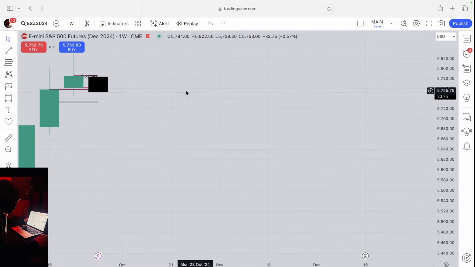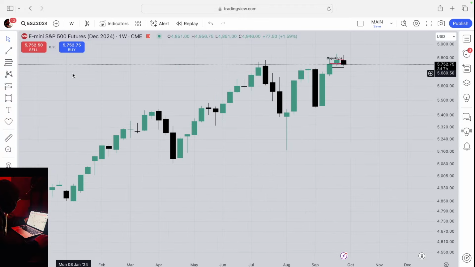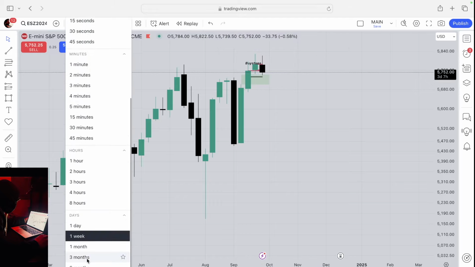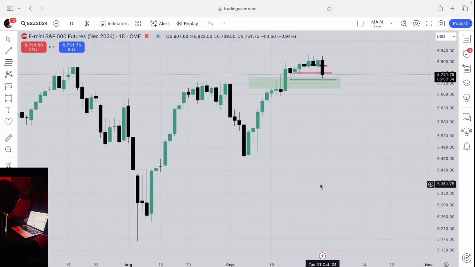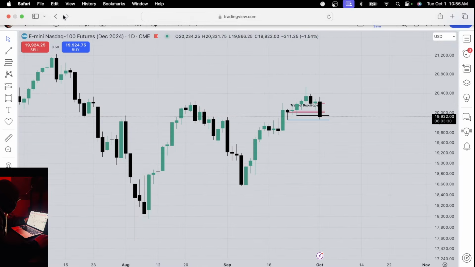One thing that I failed to note to you guys, but I want to show you now. Right here we have what is this weekly fair value gap. Okay, we were able to drop down into that. And then I'm going to show you guys on NASDAQ.